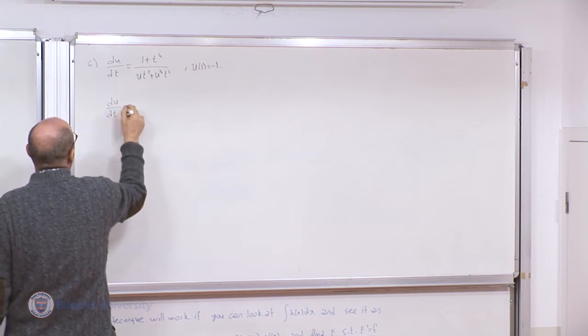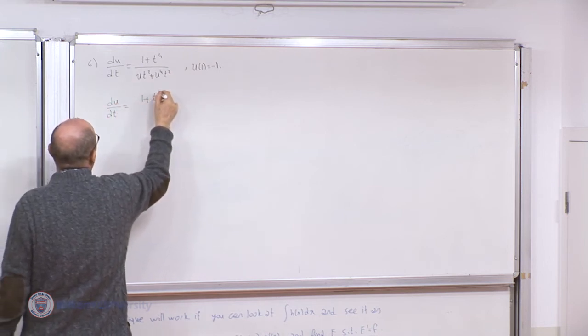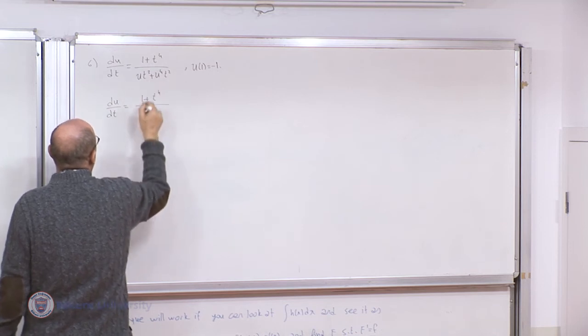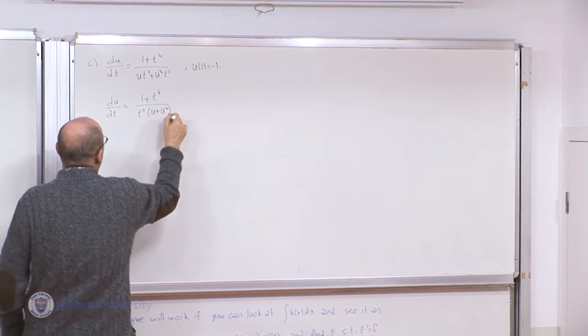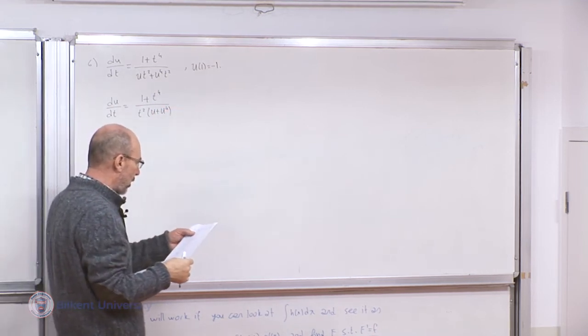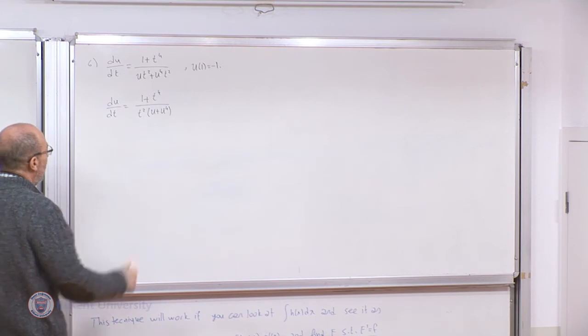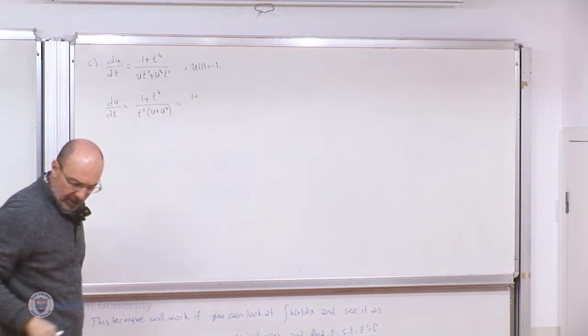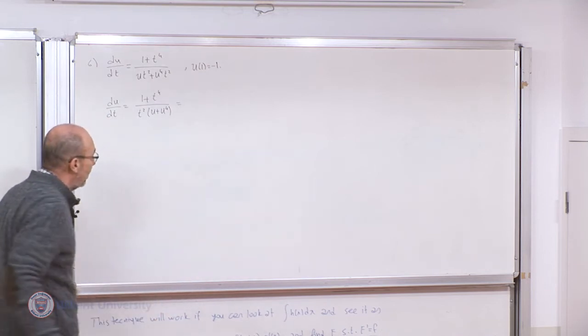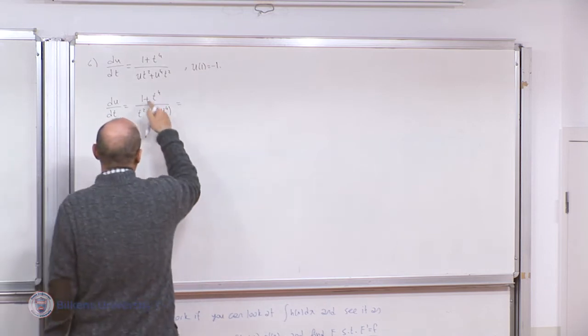du over dt, 1 plus t to the 4. You see, I can take t squared out. I have u plus u to the 4. Okay, was it u? Yes, u to the 4. Okay, so this is of the form 1 plus... Let's also simplify this to make it easier for integration.